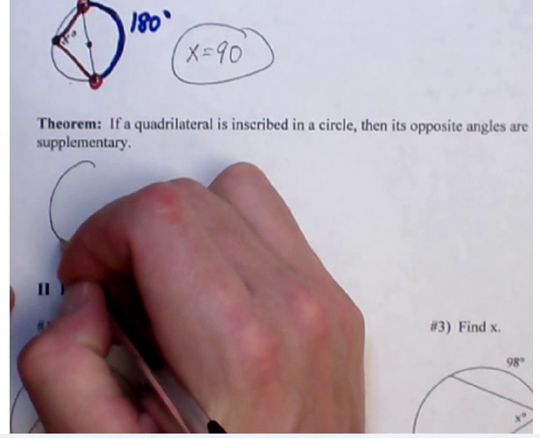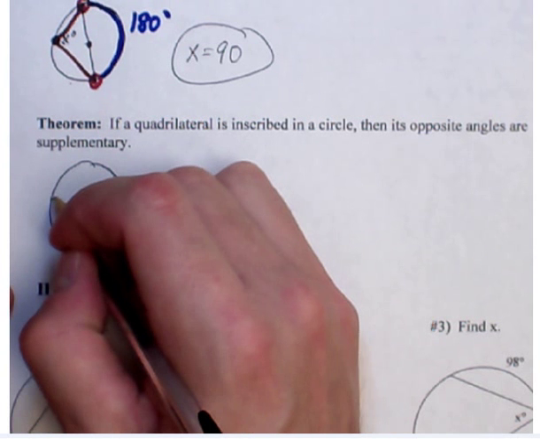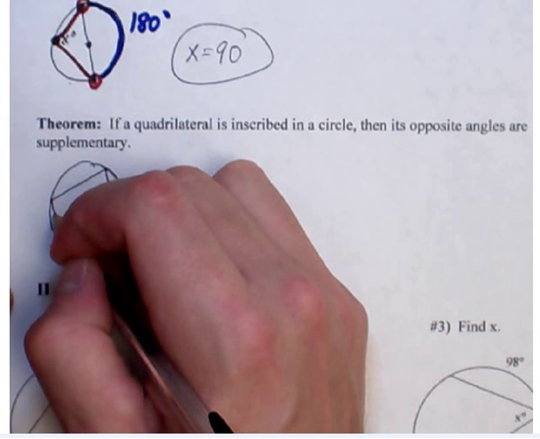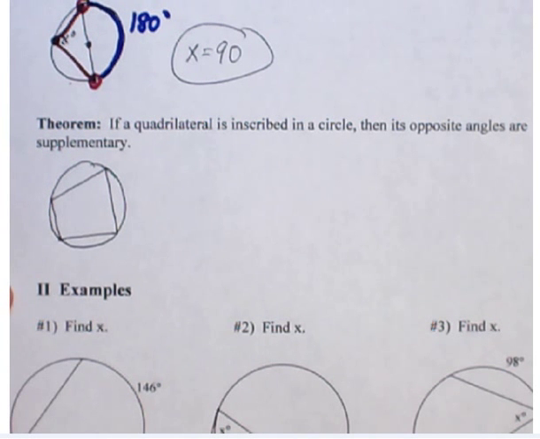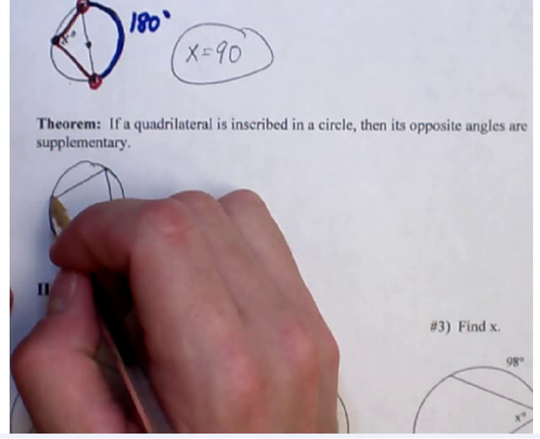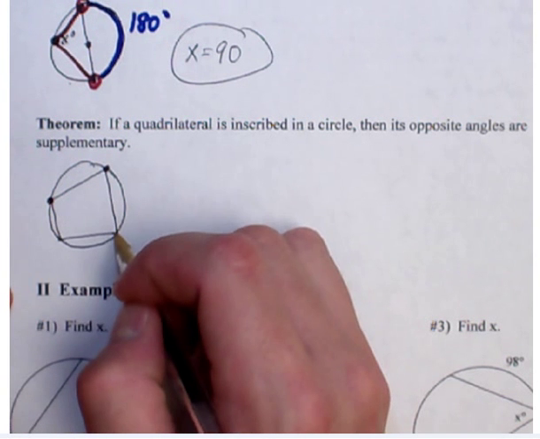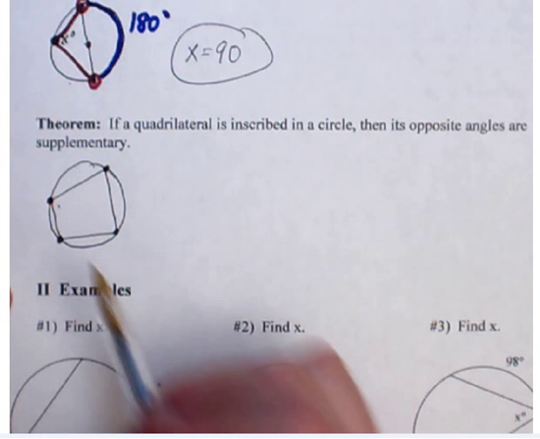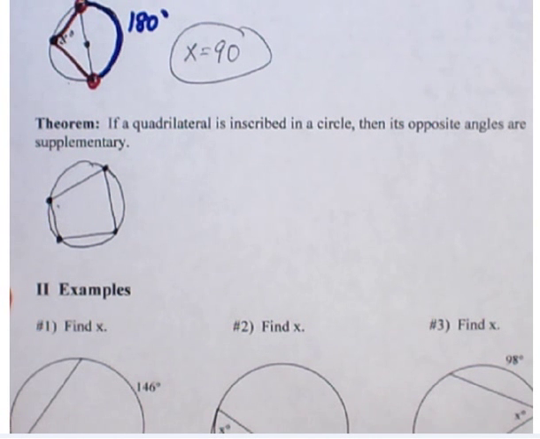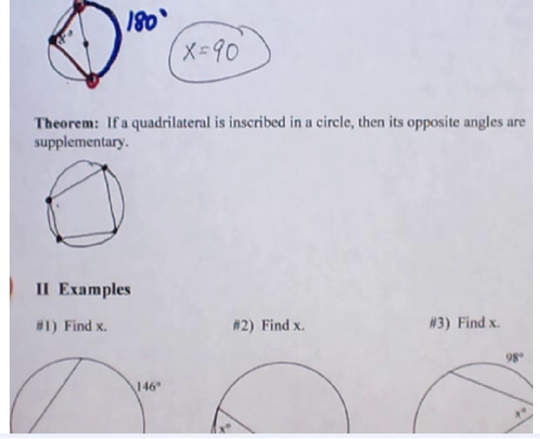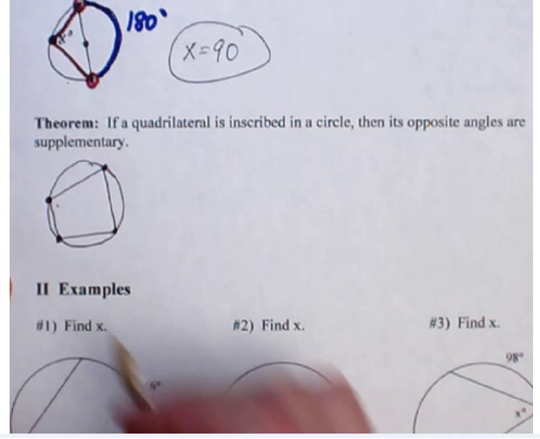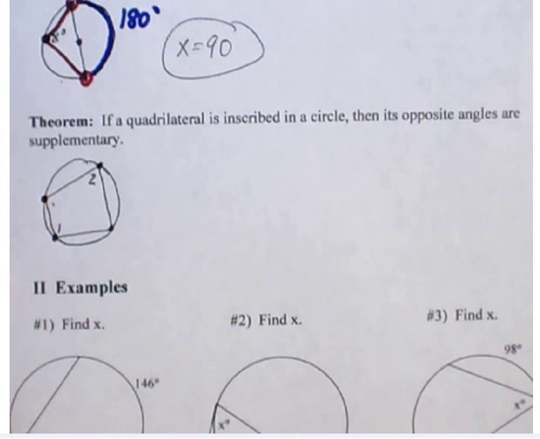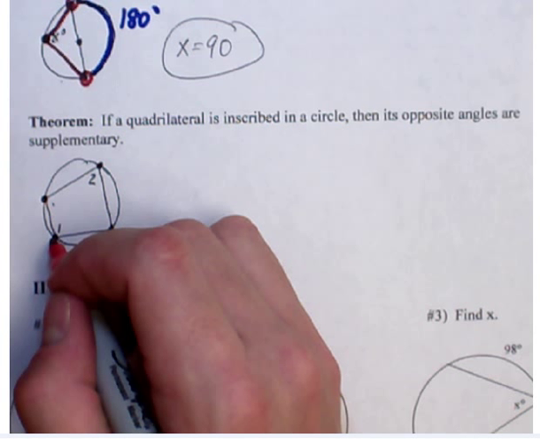Okay, and the last one here is a special case. If you have a quadrilateral inscribed in a circle, all that means is that all the vertices are on the circle, and all the sides are inside. Well, what happens here is that if I call this angle 1 and this angle 2, and I look at angle 1, where does it hit the circle?